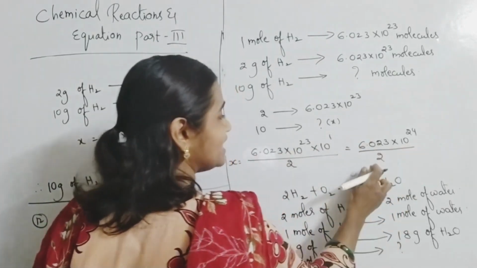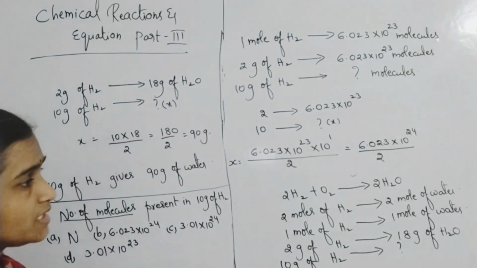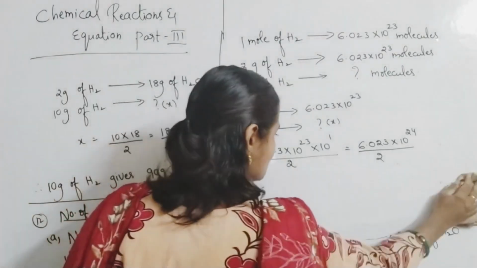6.023 as it is, by 2 as it is. Now 6.023 by 2 will be 3.01.